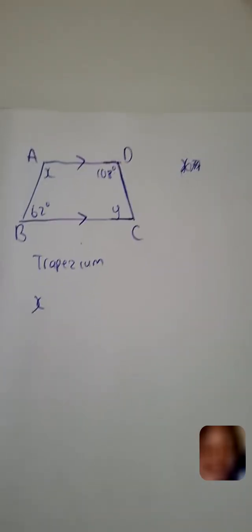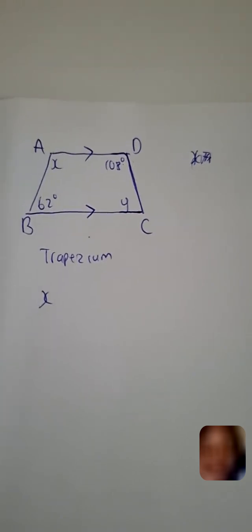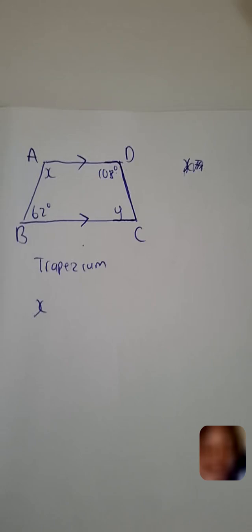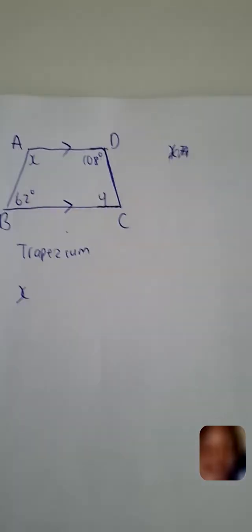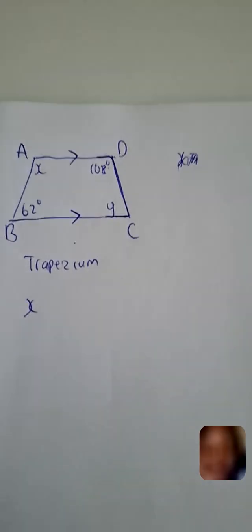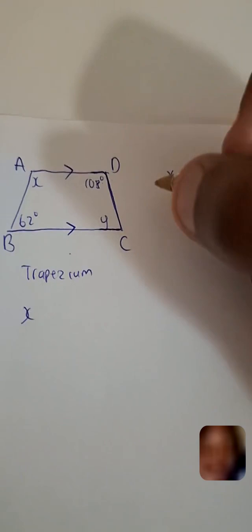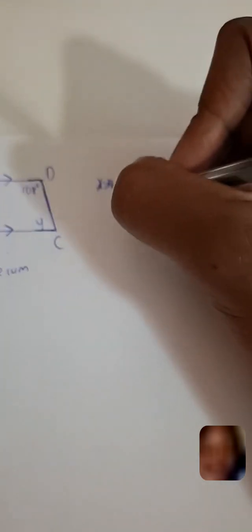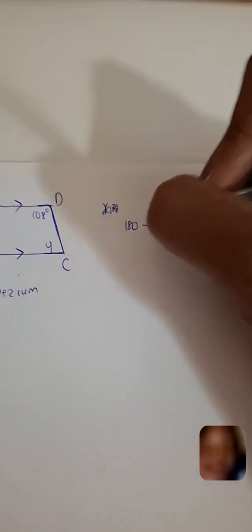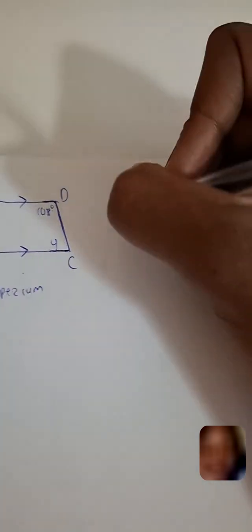What about co-interior angles, Kia? What do you know about them? They add up to 180. Nice. They add up to 180. So, what am I going to write down? 180 minus 108.